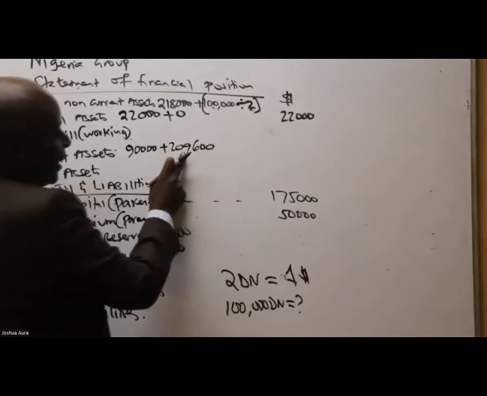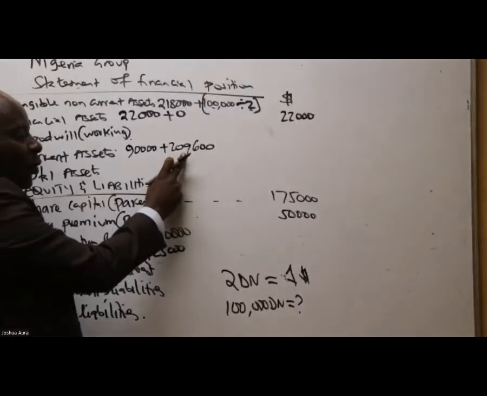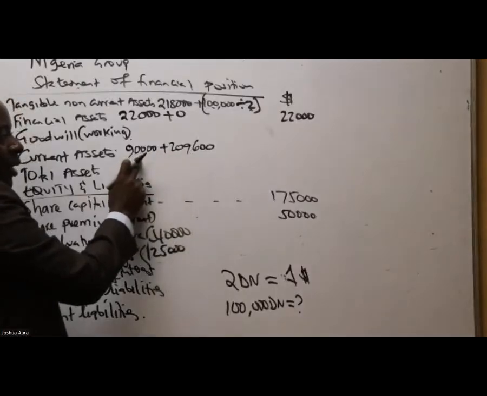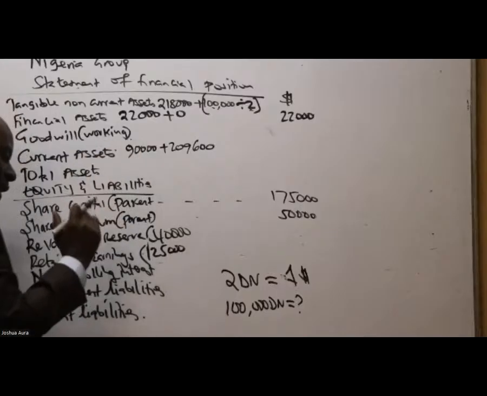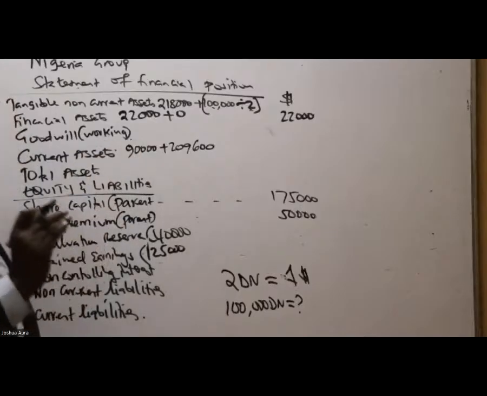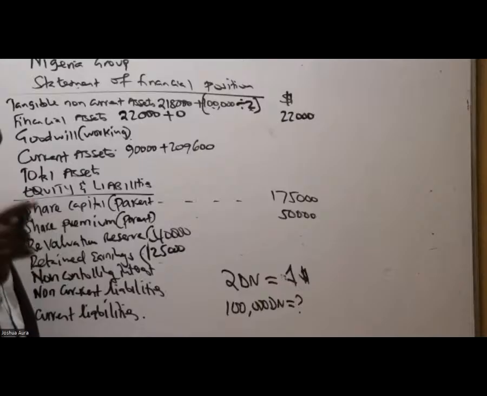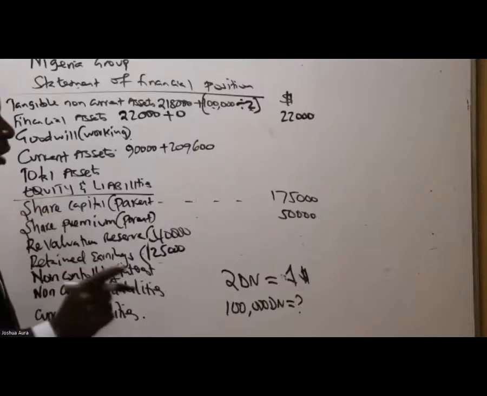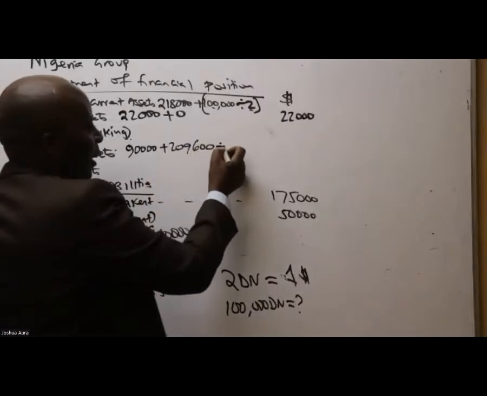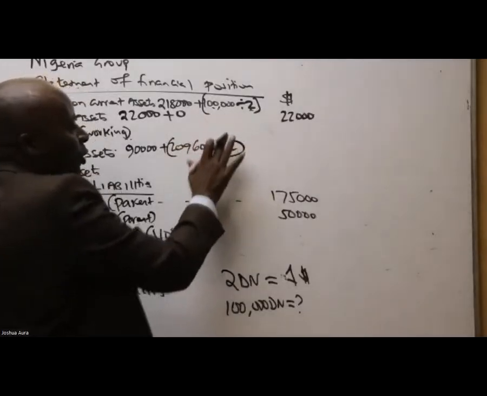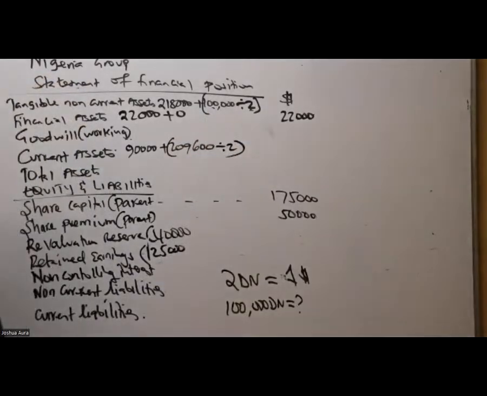But remember, these are in different currencies. We still need to retranslate them to the dollar. Remember, we said when we started that all assets and liabilities will be retranslated at the closing rate. So here, divide this again. Once you start dividing, divide consistently all the way down. Once you start dividing, there is nothing else.